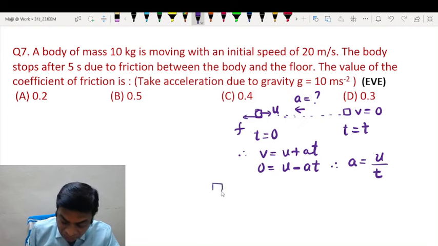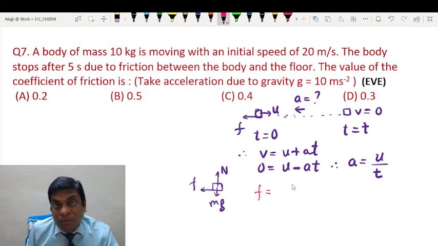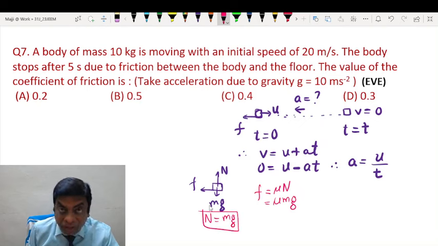Now if you draw the free body diagram, you will find that the weight is balanced by the normal reaction. And the frictional force, which is the kinetic friction or the limiting friction, here it is mu into normal reaction. The normal reaction is mg, because the normal reaction will balance the weight for vertical equilibrium.